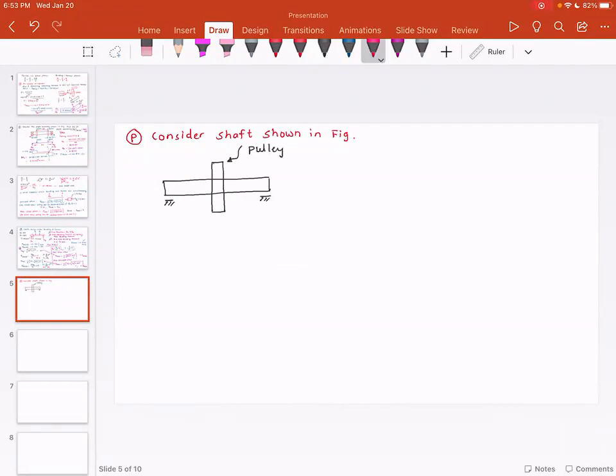This distance, actually it's not at center, it's slightly offsetted. So this distance is 300. This distance is 600.